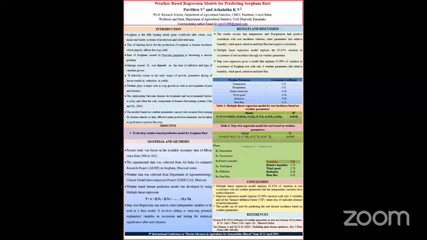Ma'am, heat flow rate is also called heat flux, ma'am. The amount of heat flowing. How do you account for it? Because the remaining things we get from the agromet observatory. When we have an agromet observatory, we can record it. How can we take this heat flux?